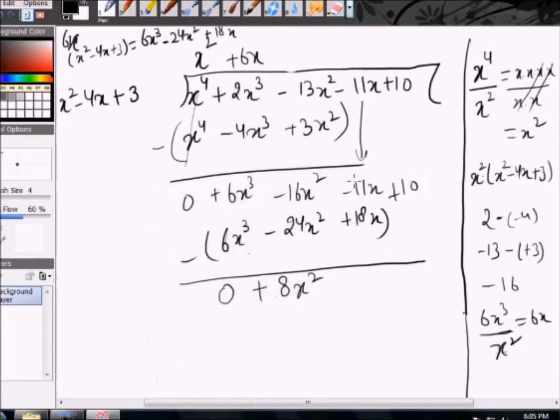And the terms having x, the coefficients will be minus 11 minus 18, which gives us negative 29x.